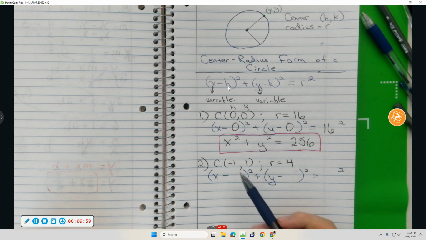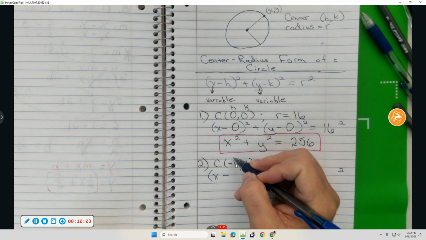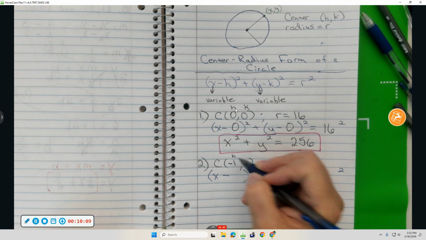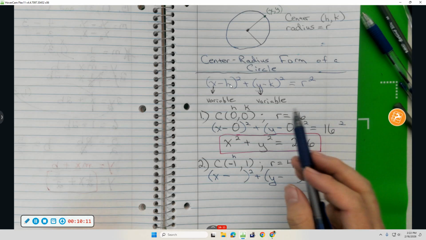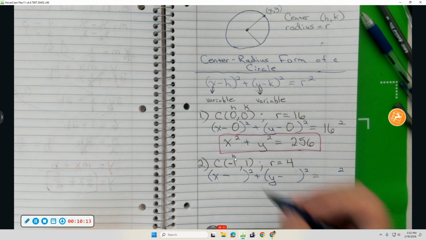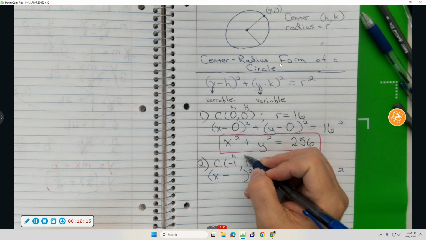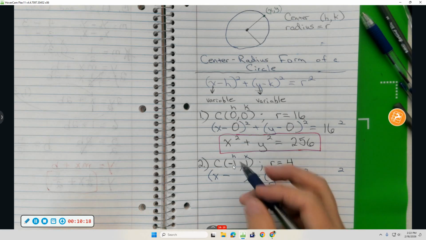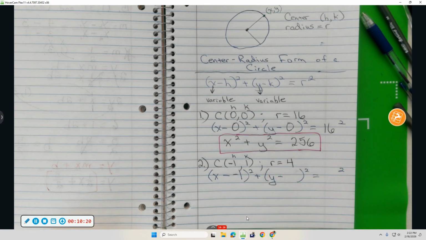I'm going to label this ordered pair. What letter am I going to write here above -1? Not X. Well, yeah, it is the X value coordinate, but it's the H. We're going to use H for the X coordinate in the center. And what am I going to write here? K. So I have X minus a -1.